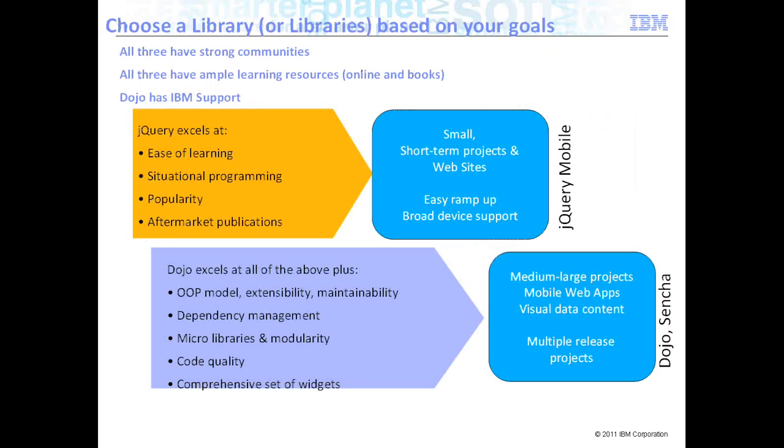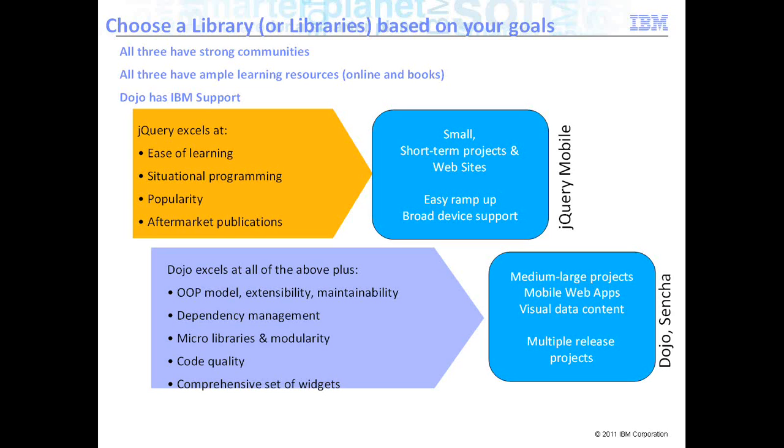Now, as we have seen, more or less each and every library is a feature-rich library. So how to decide? It depends, I would say, on your goals, because all three have strong communities and ample learning resources.